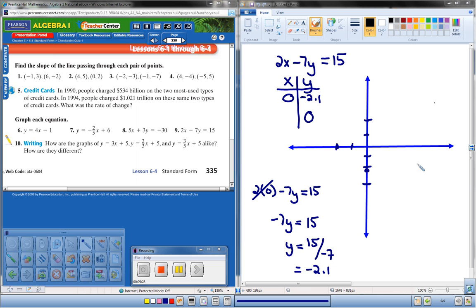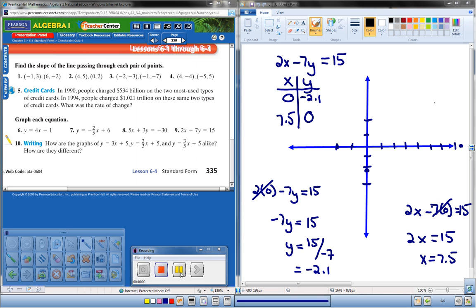Now when we make the y value 0, that gives us 2x minus 7 times 0 equals 15. So that term is gone. If 2x equals 15, then x is equal to 15 divided by 2, which is 7.5. So that point is 7.5 and 0. That's right on the graph.